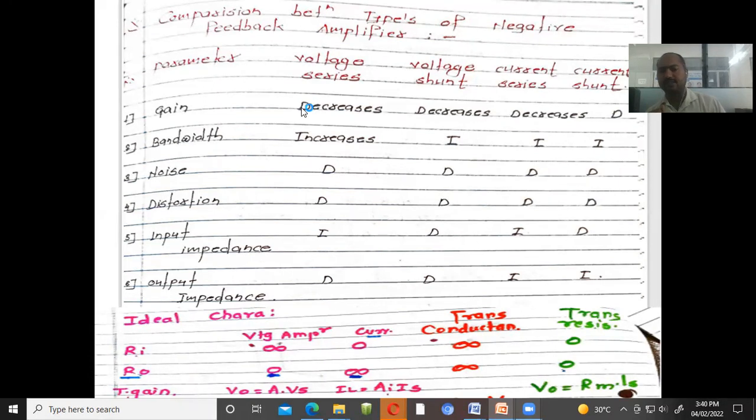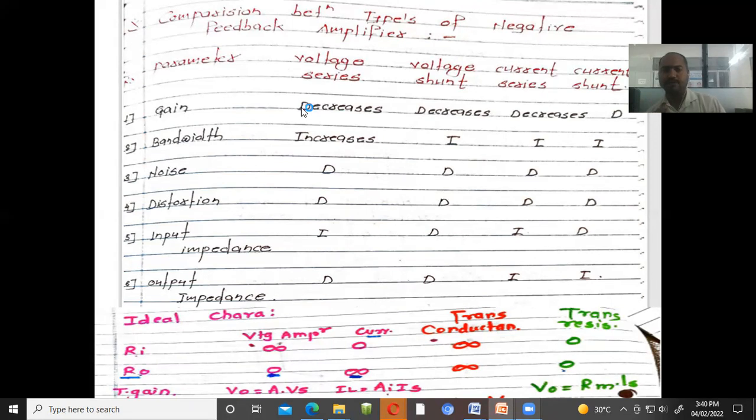Then we saw the second parameter, bandwidth. Bandwidth is nothing but the operating area of the particular amplifier, that is, the operating frequency of the amplifier. Normally the audio frequency range starts from 20 hertz to 20 kilohertz. Consider that your operating frequency is 20 hertz to 20 kilohertz.